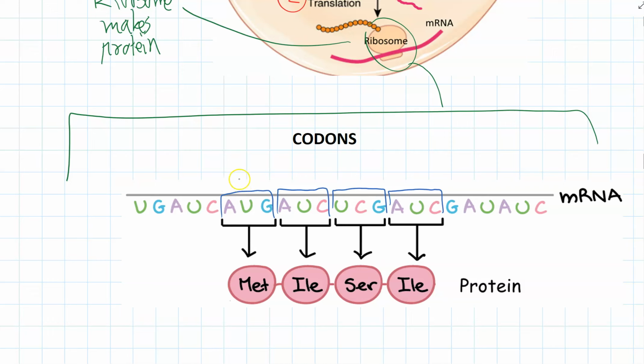And we call these 3-letter words codons. And each codon tells the ribosome to add on a specific amino acid, and that builds the protein. So amino acids, they're the building blocks of the protein. It just adds them one at a time until the protein builds up, and we get the finished protein. That's more detail than we need to know for year 10, but it's an interesting point.